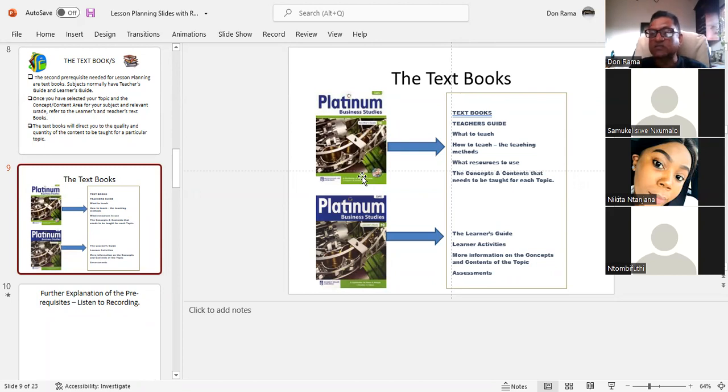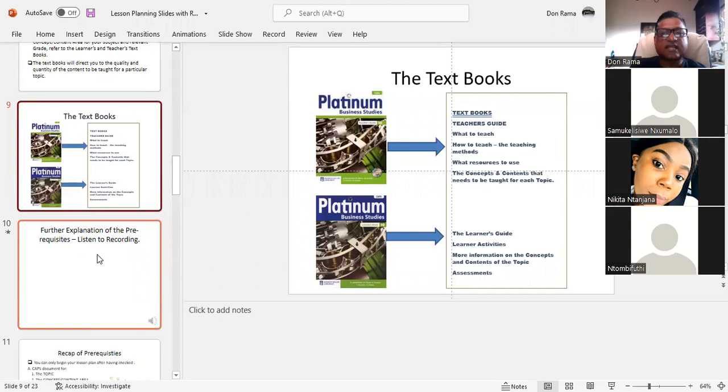And for the consequences of volcanic eruption, we'll talk about how it affects the community, air pollution, the evacuation policies, and so on. So the concepts are the broad subheadings, and the content is the detail that you will teach under each one. So you must understand what we mean by concept and content, right?